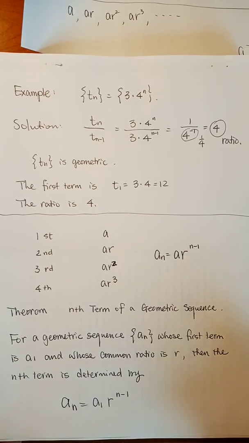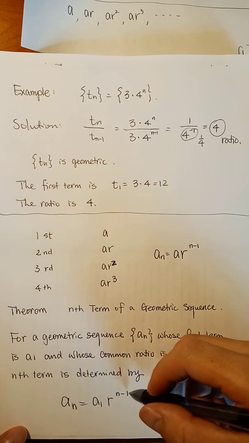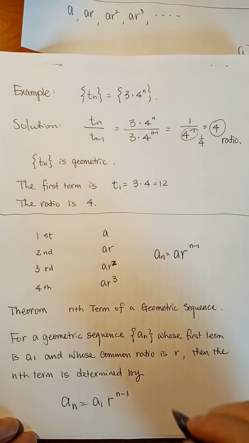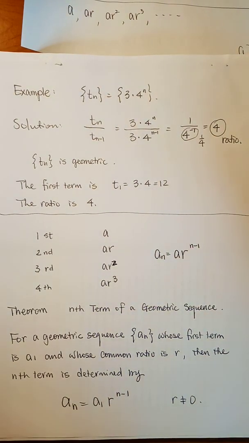So the nth term of a geometric sequence is initial term times common ratio to the power n minus 1. And of course here we assume this common ratio is not 0. Common ratio is never 0.